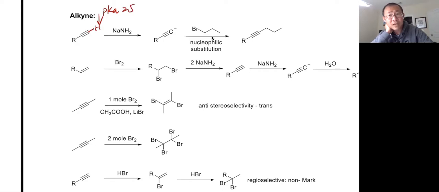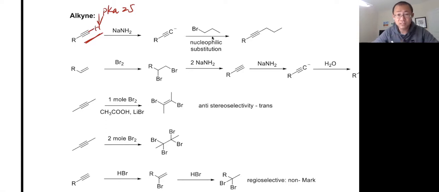Because the pKa is 25, if I use a strong base, I can remove the proton of a terminal alkyne. Again, this only happens when the alkyne is terminal, meaning the triple bond is at carbon 1, 2, so that you can have a hydrogen. Otherwise, there won't be a hydrogen on the triple bond.